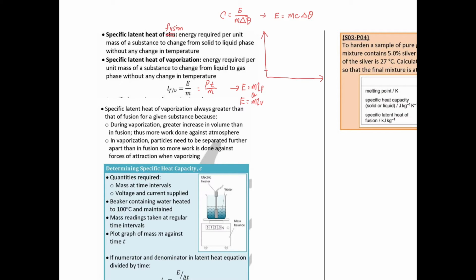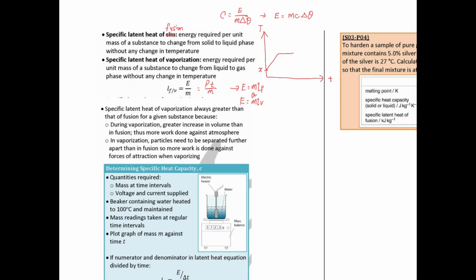so let's say you have a solid at X. Let's say this is temperature, degree Celsius or Kelvin will be just fine. This is time. So you have a solid at temperature X degree Celsius. So you heat it up. Then it melts.